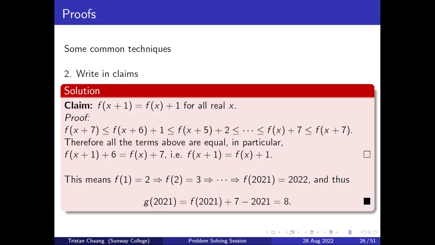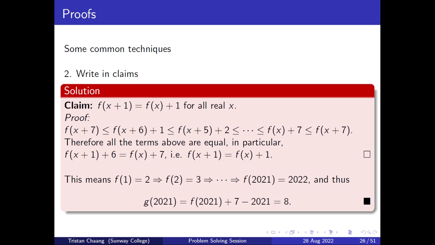You can write a chunk of text that focuses on one particular claim, which is not what the question wants, but you can write your own statement in your proof. That's what we call writing a claim, or a lemma, or a conjecture. Technically speaking, this is just for making your proof look nicer, but it's also nice for your thinking process, because you know what the important steps are to approach your proof.